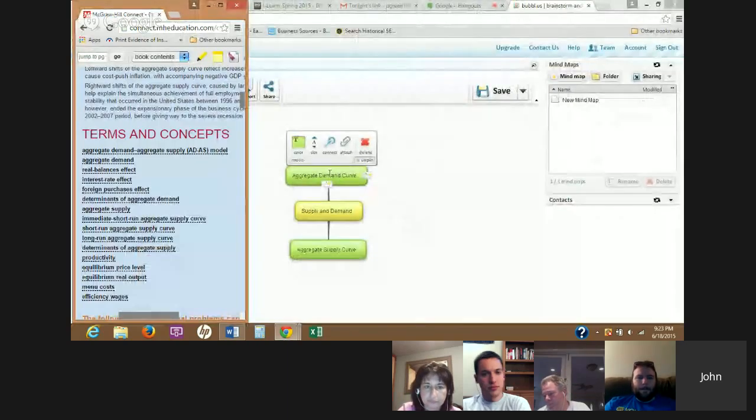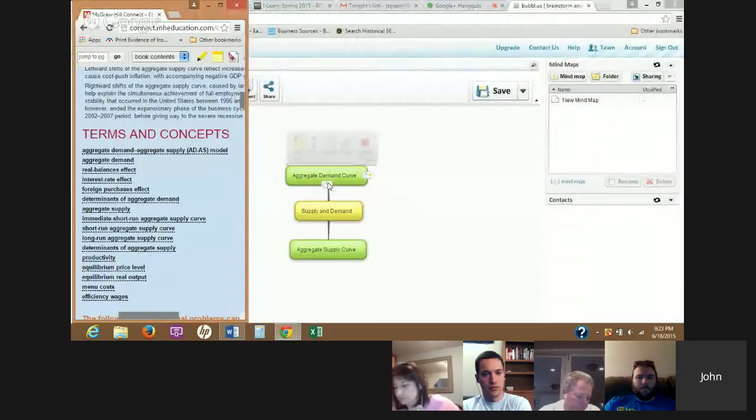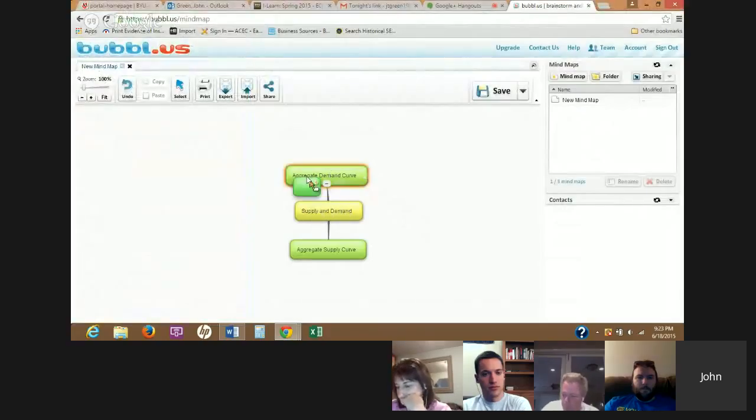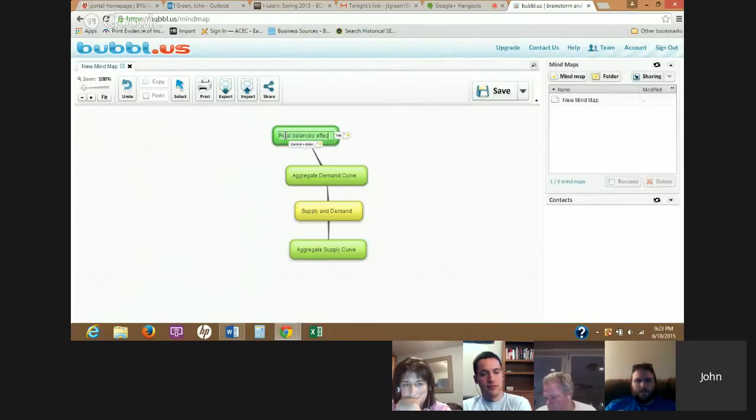Under aggregate demand, yeah. List them off for me one more time. The real balances effect, the interest rate effect, and foreign purchases effect.